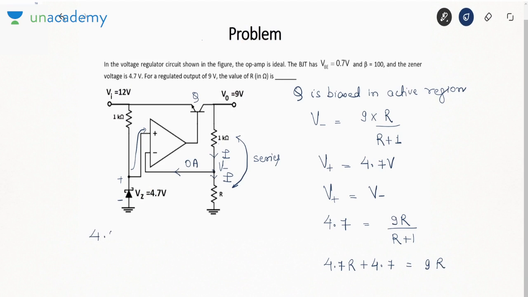Or you can say 4.3R equal to 4.7. So R is 47 by 43, 1.09 kilo ohm. Okay, that will be the value of R.